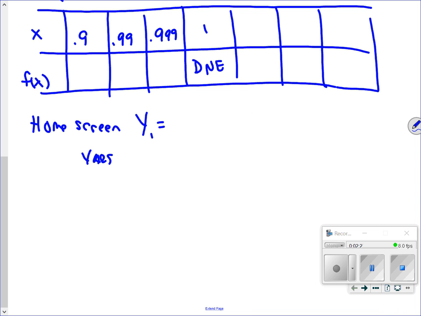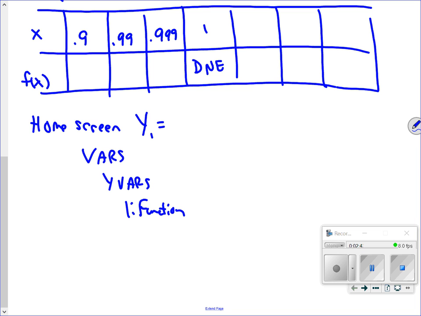Some of y'all say bars, but it stands for variables. And then you're going to go to Y-VARS. And then you're going to choose choice number 1, which is function.